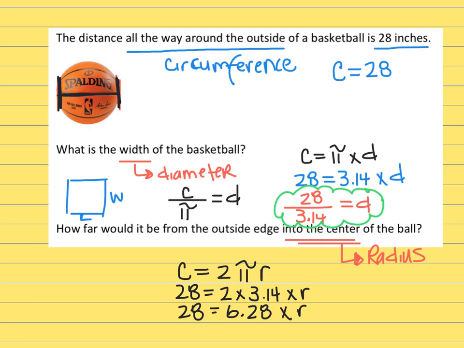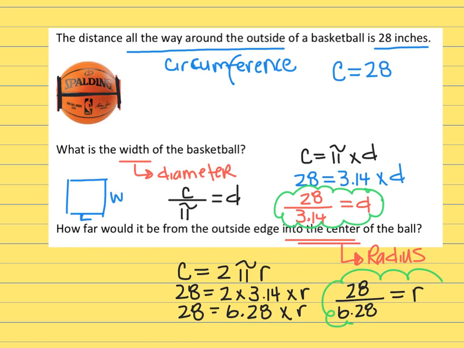And times radius, which is the thing I'm looking for. Now, I'm out of space on my screen, so I'm going to scoot over to the right side. And to get r all by itself, I'm going to have to say 28 divided by 6.28 equals r.